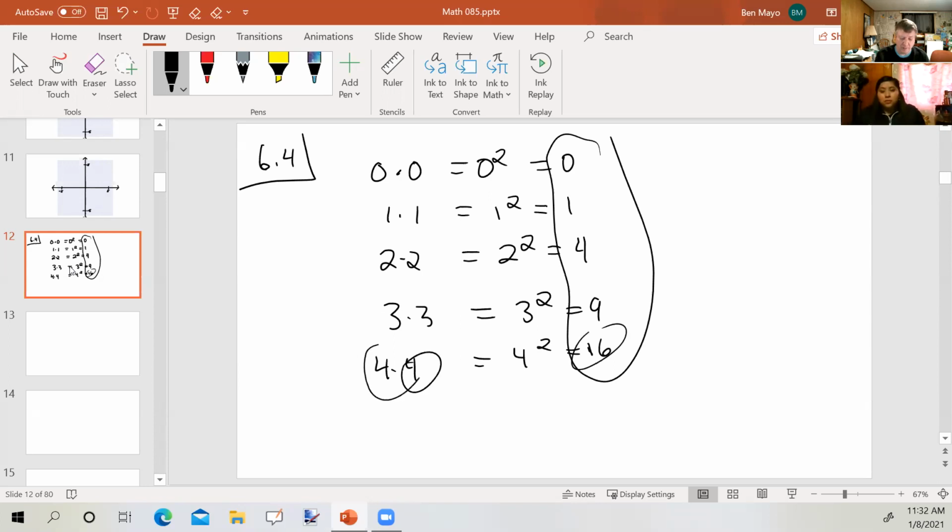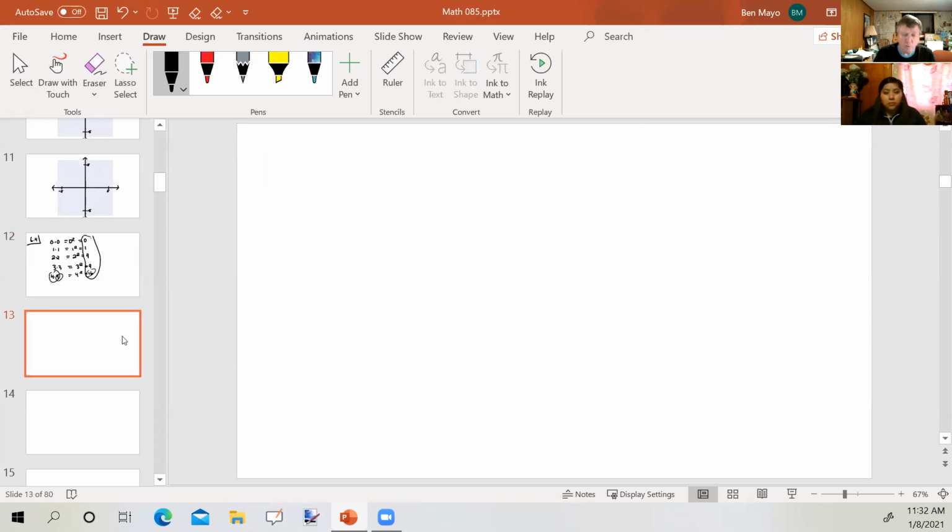16 is 4 times 4, so it has 2 identical factors. Well, a perfect square trinomial is a trinomial with 2 identical factors. So for instance, let's say I take x plus 3 times x plus 3.